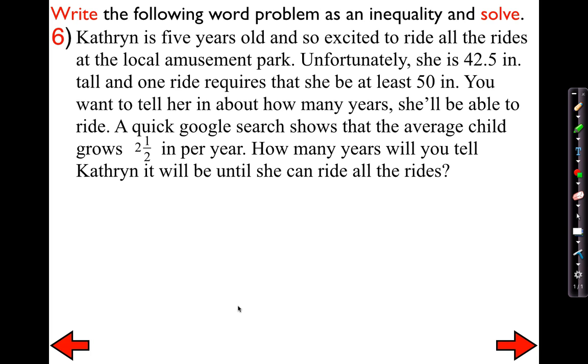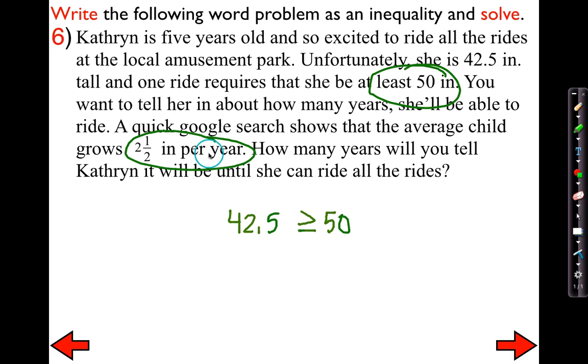So, first of all, you need to consider that she has to at least be 50 inches. That means she has to be greater than or equal to 50 inches. Well, she's already currently 42.5 inches tall, so we have to consider that as her height. If Google is claiming that she's going to grow 2.5 inches each year, we're going to consider that our rate of change.